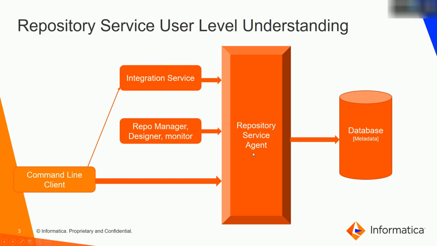Repository service, which manages the repository database, has been implemented as a three-tier architecture. Repository service is an active-passive model. If you have multiple nodes, the repository service can run in each node, but only one repository service will be active at a given point of time.